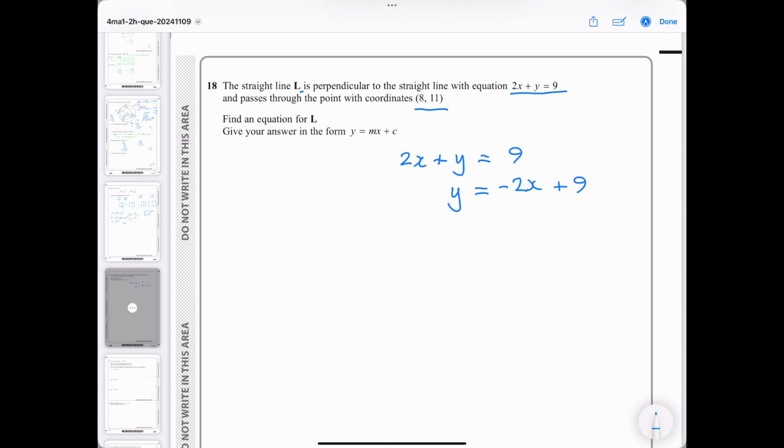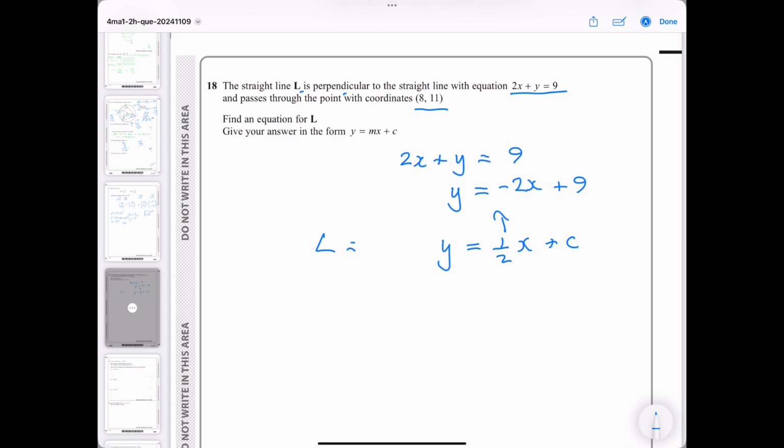Okay, now we know that L is perpendicular to this line. So if you're perpendicular, you have to use a negative reciprocal. The negative reciprocal of negative 2 is positive half. So y equals half x plus c.